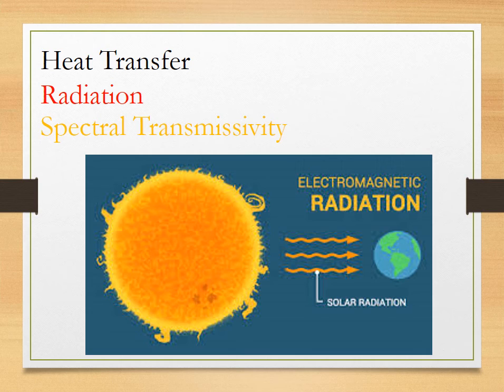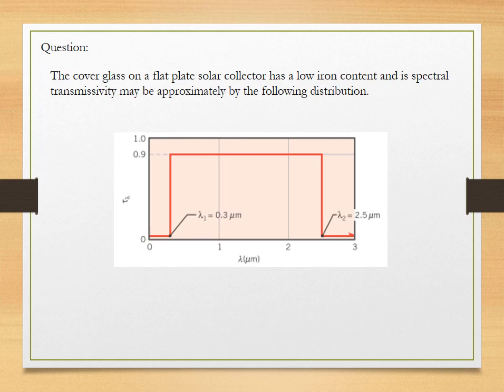This time we will learn how to do an exercise related to radiation, specifically spectral transmissivity. The cover glass on a flat plate collector has a low iron content, and its spectral transmissivity may be approximated by the following distribution.